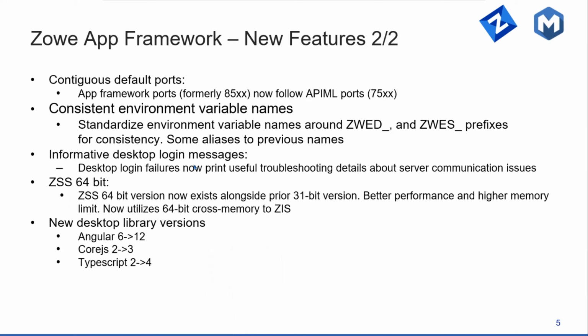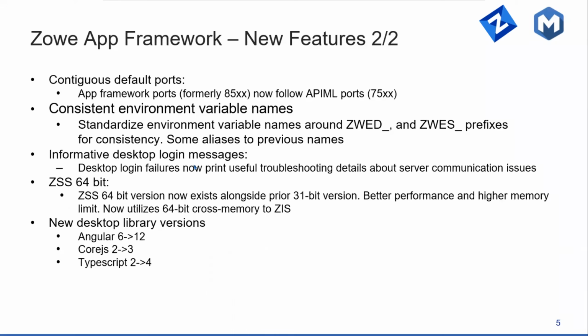But you'll see here that we just jumped all the way from Angular 6 to 12. There should be some performance enhancements that provides. I think plugins may build faster as a result also. TypeScript has been upgraded, so you can use newer features that it brings. And Core.js is updated.